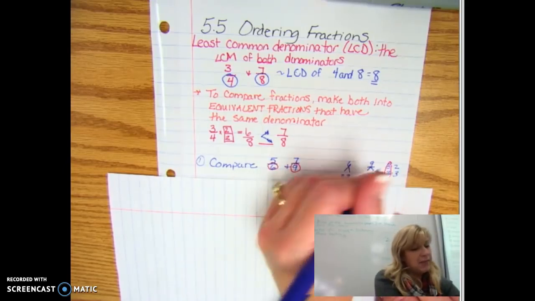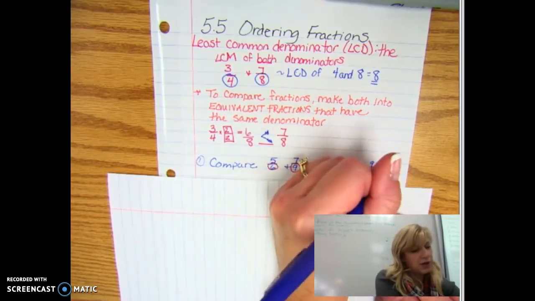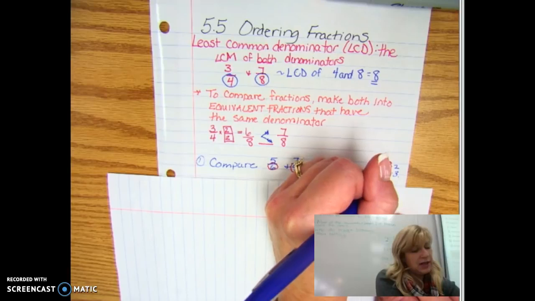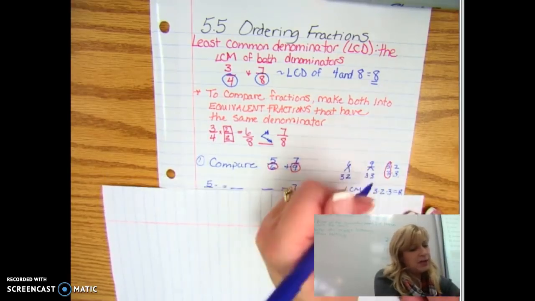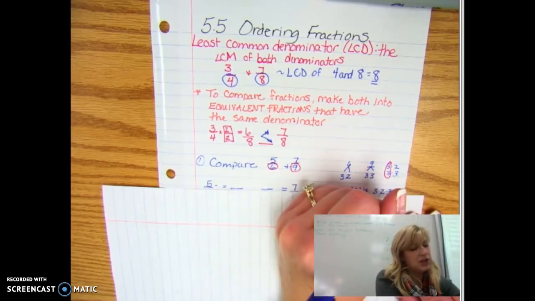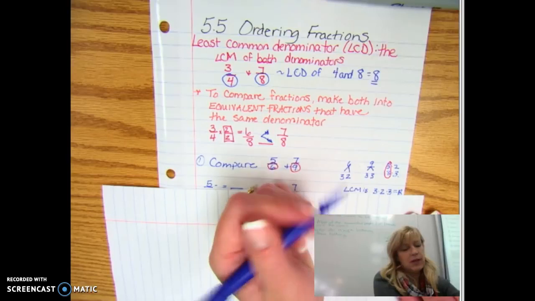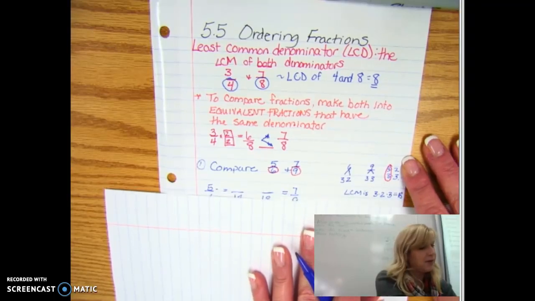And then I lined up the 3 times 2 and the 3 times 3, and I circled the 3's, and I'm only going to use them once. So to find it, the LCM is 3 times 2 times 3, which is 18. That's the best way to find that least common multiple.